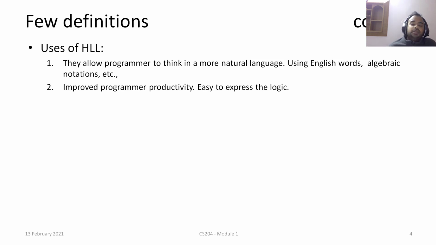And what it helps us is the programmers' productivity would improve drastically. And if we have some complex logic to be written, there is no point of struggling with the hardware details in addition to this complex logic. So that has been separated out. What high level language gives us is a flexibility to think only about the logic and how do we achieve that logic.